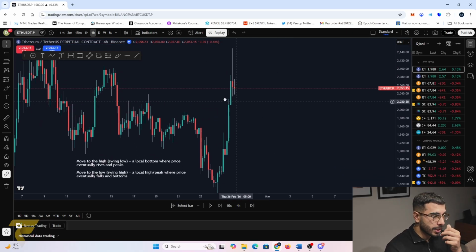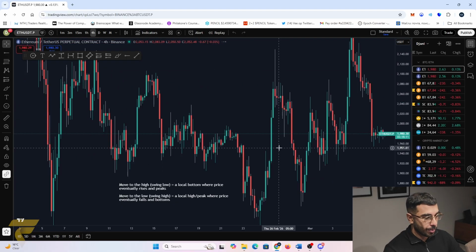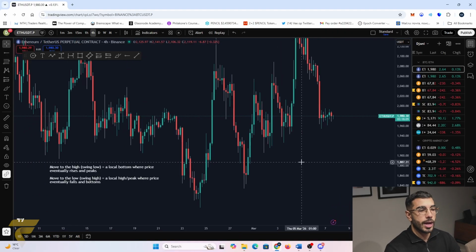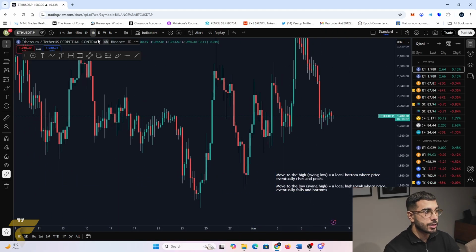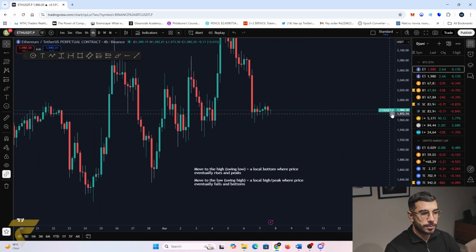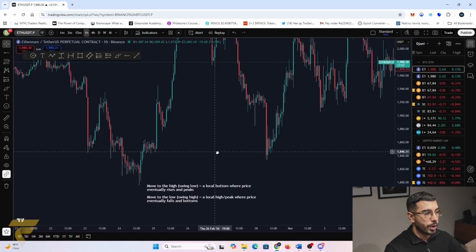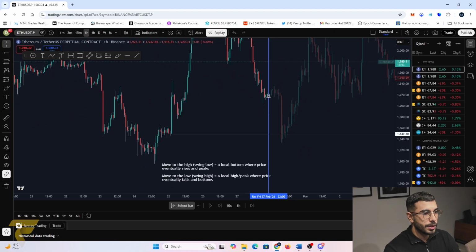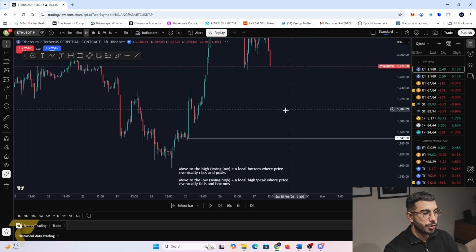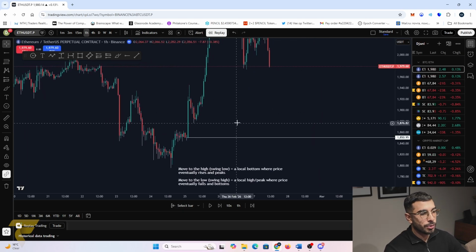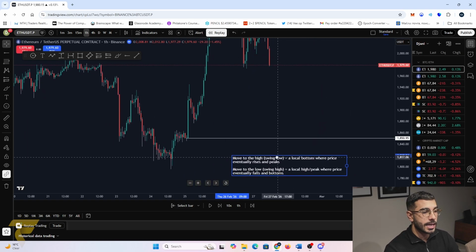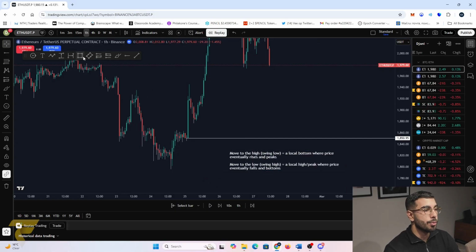You also need to understand that whenever we are talking about move to the lows, we also have move to the highs, of course. In this case, and this might be very clearly visible on the 1 hour, let me also apply the replay tool. This particular level is a very clear example of a so-called move to the high.